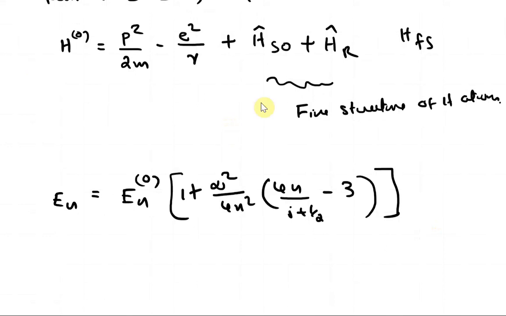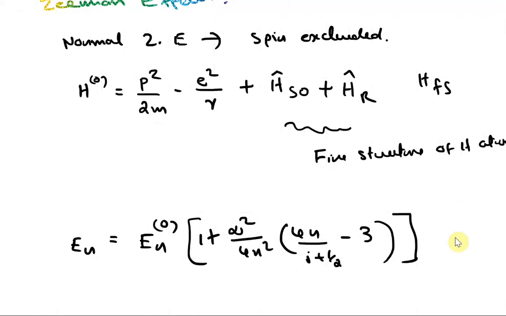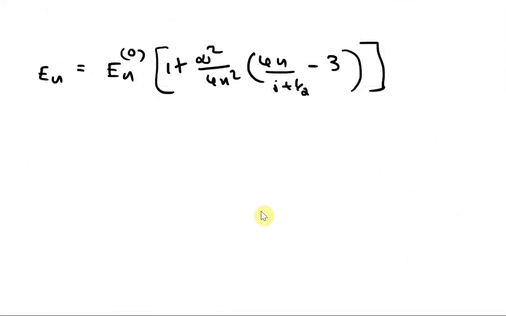Now we have to put the hydrogen atom into our magnetic field, and as discussed in the previous case, we will take the magnetic field only along the z direction. So this is my z direction. The magnetic field has a B_z component only, or B is equal to B_z into z cap.